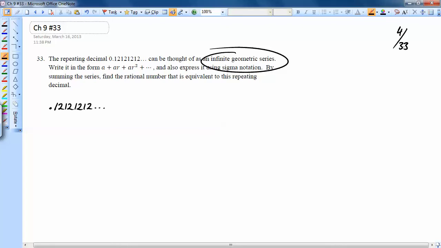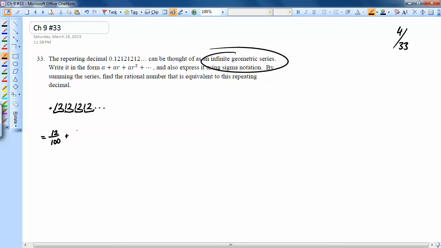The trick to writing this as a geometric series is to break this up into the repeating chunks, right? So that first 12, that's really 12 over 100. So you could write it like this. And then I've got to add the next 12 to it, but it's really 0.0012 that I have to add to it.